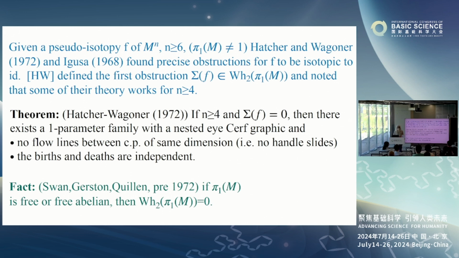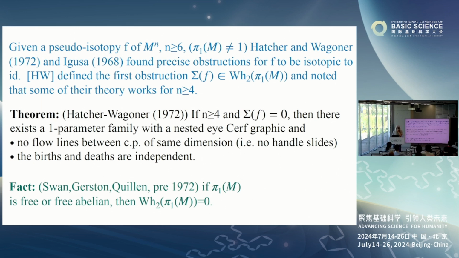They built this obstruction theory: if you have a pseudo-isotopy and all these obstructions vanish, then in fact the pseudo-isotopy is isotopically standard. Now, this works in high dimensions, so the manifold has dimension at least 6. But to Hatcher and Wagoner's credit, they are very careful to note when things work in lower dimension.